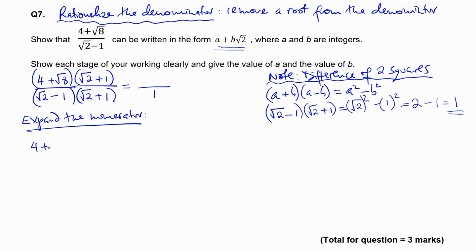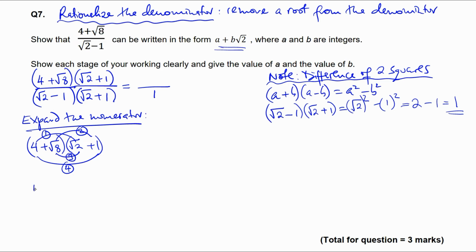So 4 plus square root of 8 multiplied by square root of 2 plus 1. So you basically just FOIL this like that. I'm just going to label this 1, 2, 3, and 4 so that you can follow through the discussion.